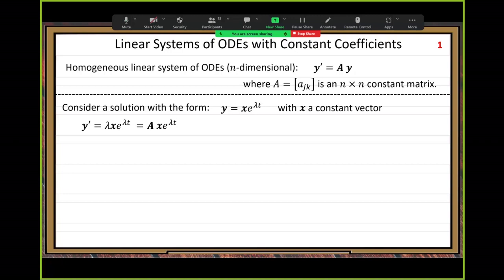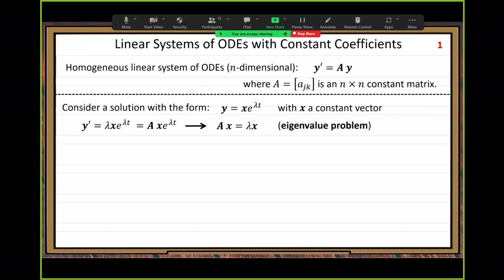If you plug y prime into the original equation, you get that. So basically, you need to solve an eigenvalue problem. You also need to solve an eigenvalue problem for the general case.